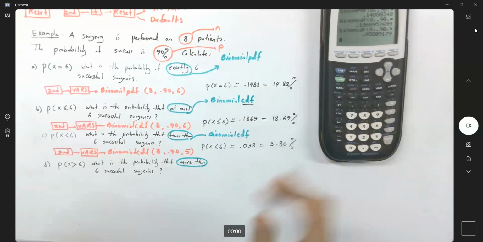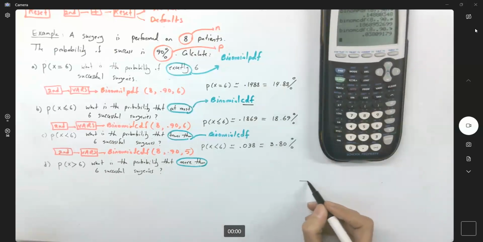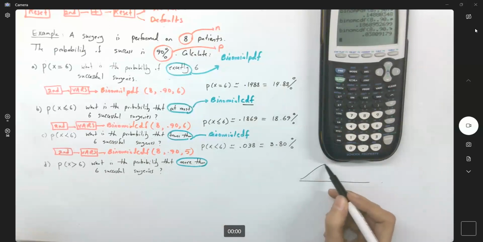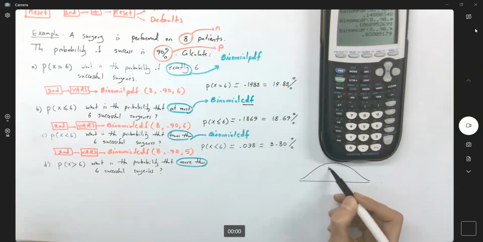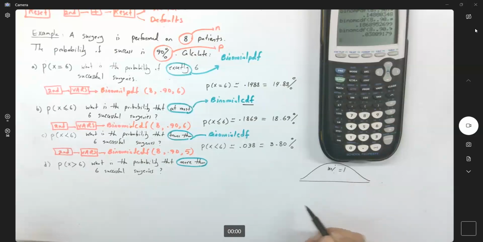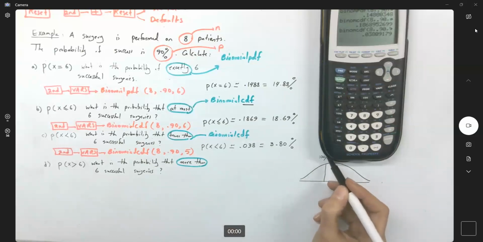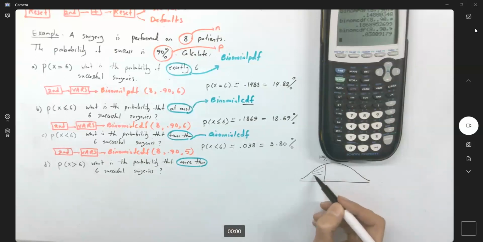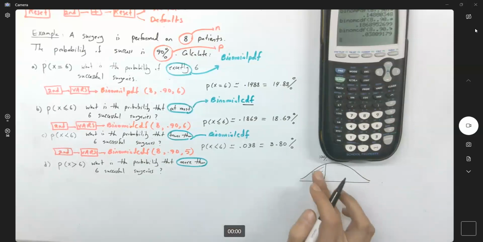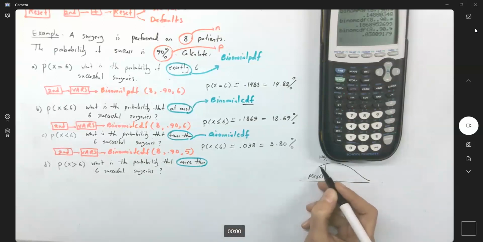1 represents 100% or the total area. What I'm going to do, I am going to take the whole area. This is 100% of the area for 1. And I'm going to subtract whatever is on the left-hand side. So I'm subtracting this one, 100% of the area for 1, minus this little area, which is x less than or equal to 6. This is the probability that x is less than or equal to 6.